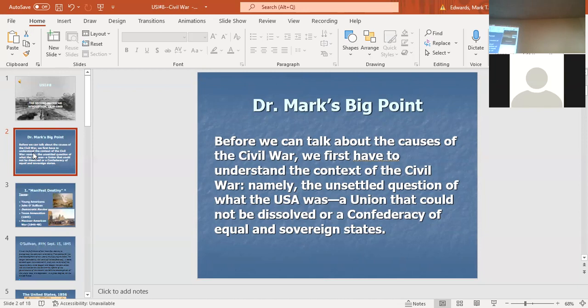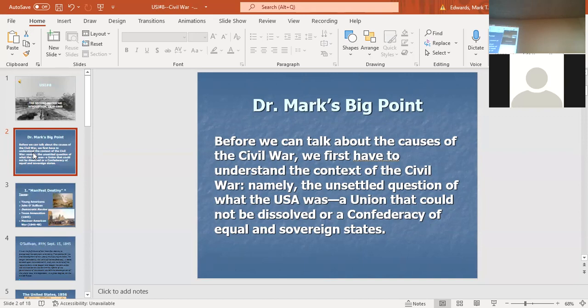And one answer would be to say the American Revolution. Many Civil War historians, most of us in fact, call the Civil War a second American Revolution, because we understand that the Civil War is ultimately about trying to resolve questions that were left unresolved by the American Revolution.